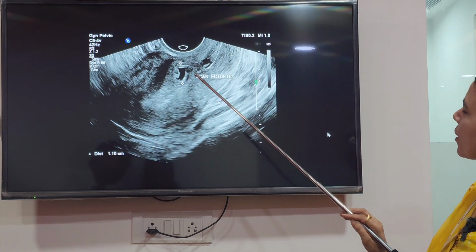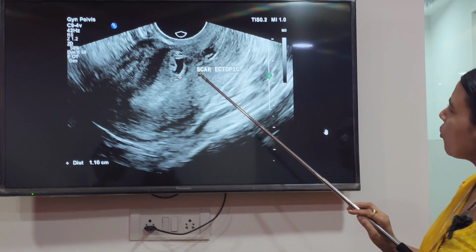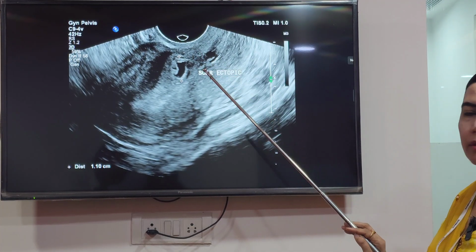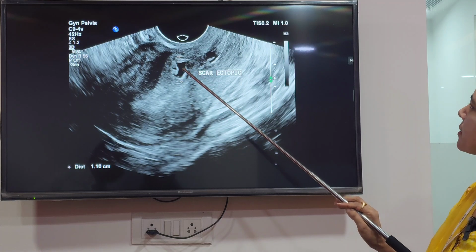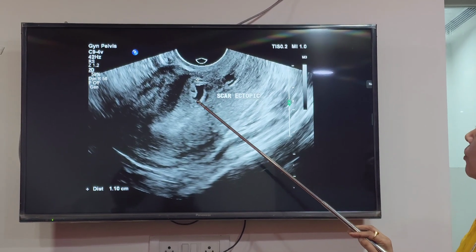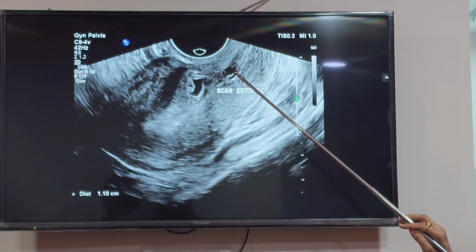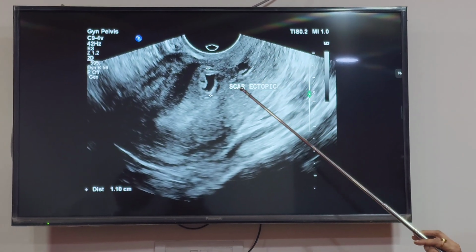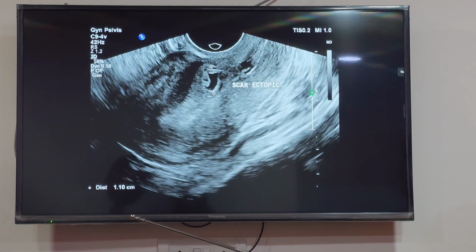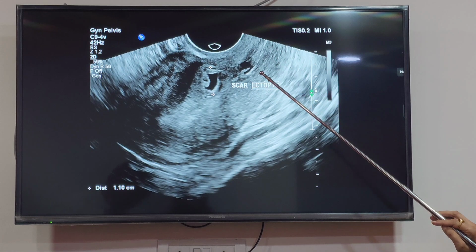On focusing over this sac-like structure, a gestational sac was visualized exactly at the location of the previous cesarean scar. And how did I come to know that this is a gestational sac? Because I was very clearly seeing a yolk sac also there. And this is the cervical canal, and a small Nabothian follicle is also seen in the cervical canal. She was not having any history of bleeding, only mild spotting, and it is very clearly visible here that the cervical canal is closed.